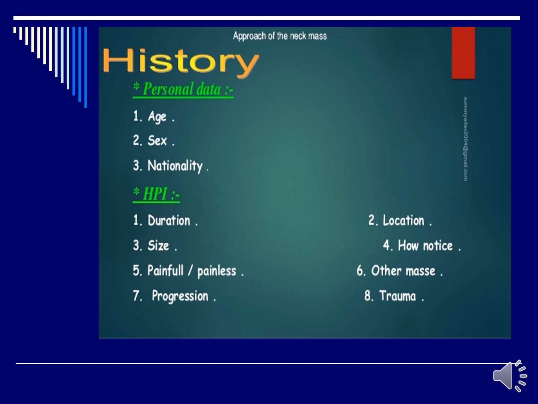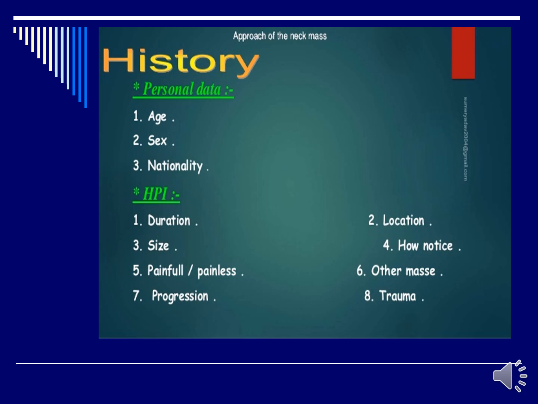Other masses present with that mass. For example, when we find swelling in the angle of the mandible, I think of a parotid tumor, and if there is a cervical mass, this may be the original tumor in the parotid and this is the lymph nodes.